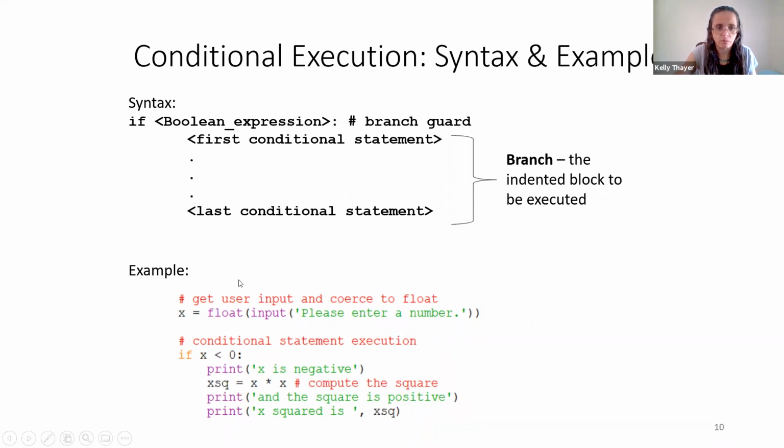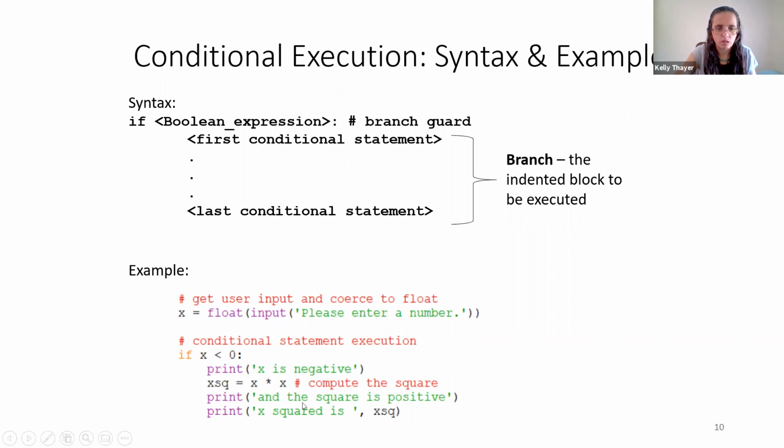So here is an example. Suppose you want to get user input and coerce it to a float. x equals float of input, "Please enter a number." Now we're going to set up a conditional statement for execution. If x, the number that they entered, is less than 0, print "x is negative," and then x squared is equal to x times x.